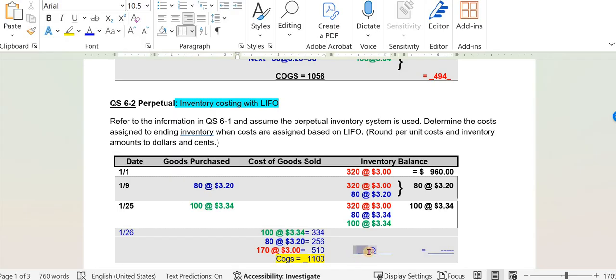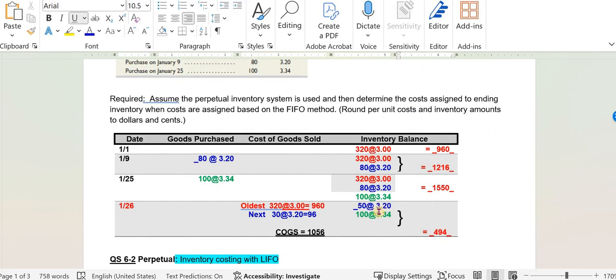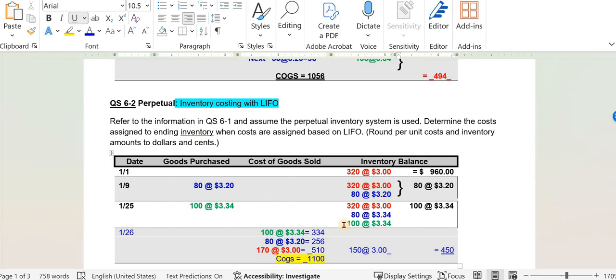So in my inventory, I have 150 units left, and they cost me $3 to buy, aka $450 worth of inventory left. So up here when I had my 3 layers, I went for the oldest layer first because it's FIFO. Here I had 3 layers of inventory. I started with my newest layer, my 100 at $3.34, and worked to my oldest.